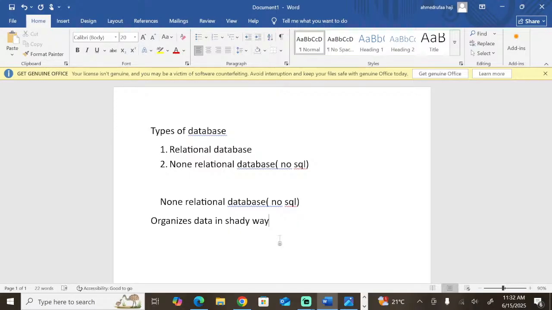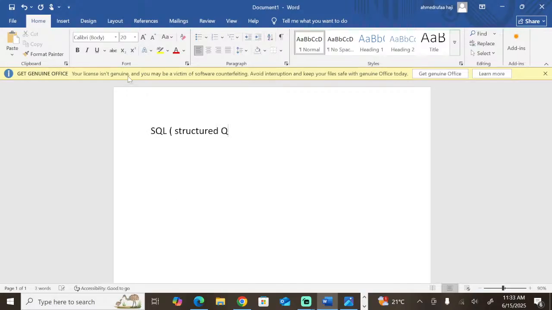With that being said, there are two types of database: relational database, and the other one is non-relational database. Now we are going to talk about SQL, since we have explained all the stuff that needed to be explained.